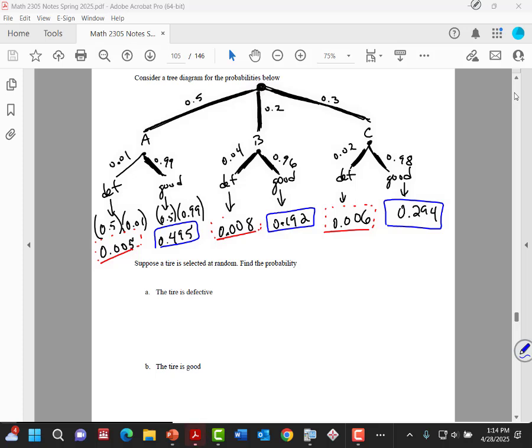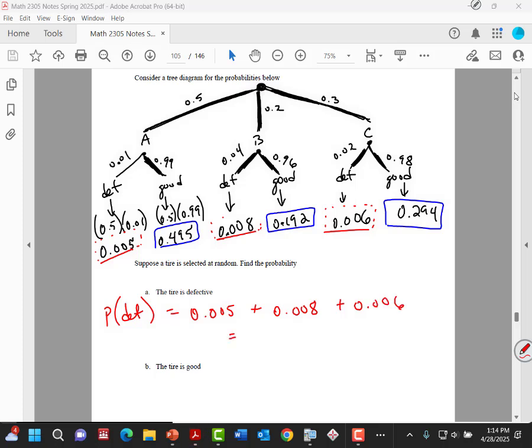So let's say that a tire is selected at random, and I don't know what company it came from. Well, let's find the probability that the tire is defective. Well, this is fairly straightforward. The probability that it is defective is simply 0.005 plus 0.008 plus 0.006.